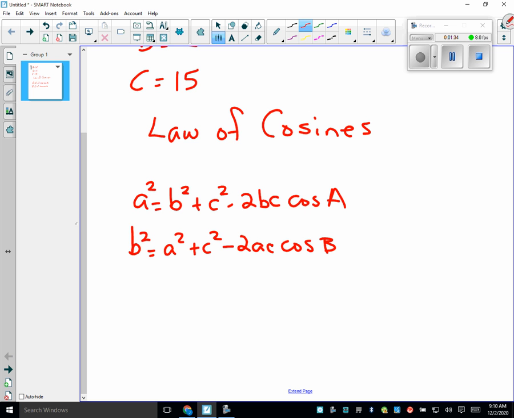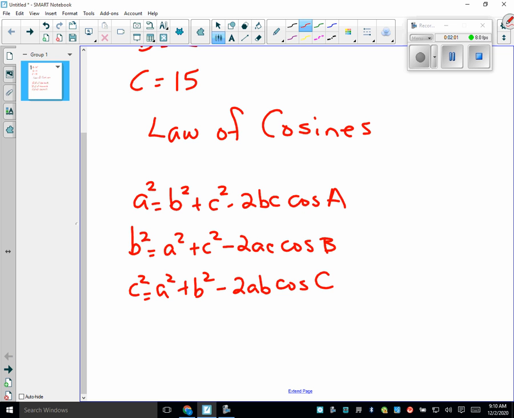All right? And the third one is c squared equals a squared plus b squared minus 2ab cosine of C. Do you see something familiar about all three of those? Yes.